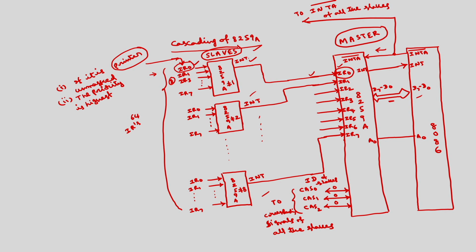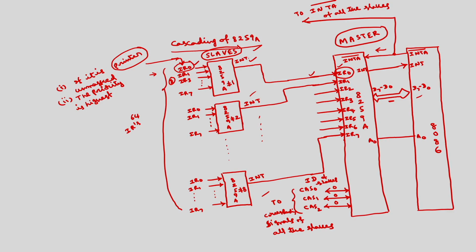Corresponding to each type, we have 4 locations: the locations of the CS code segment and of the instruction pointer. Those values are stored in the interrupt pointer table, and the microprocessor will switch over to that location. So, that is the procedure of cascading of 8259.